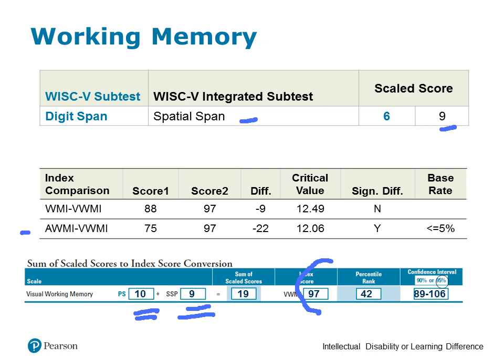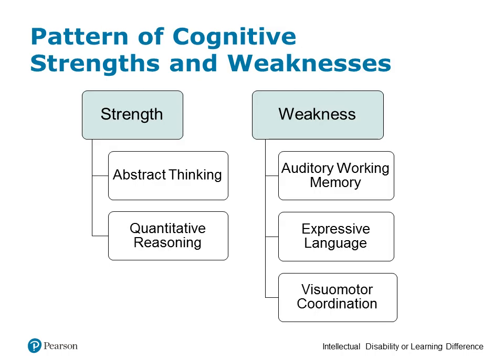I want to see if his auditory working memory abilities are a weakness relative to his visual working memory abilities, and that is, in fact, what we find here. So to think about his cognitive strengths and weaknesses now, think about fluid reasoning, certainly the abstract thinking.